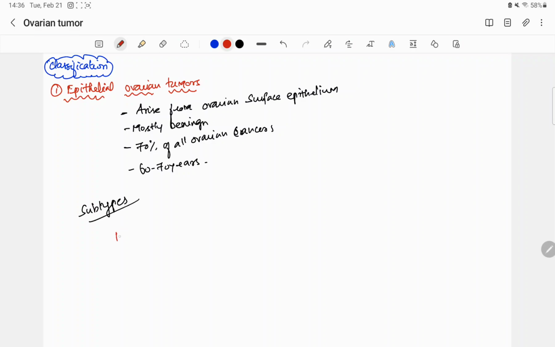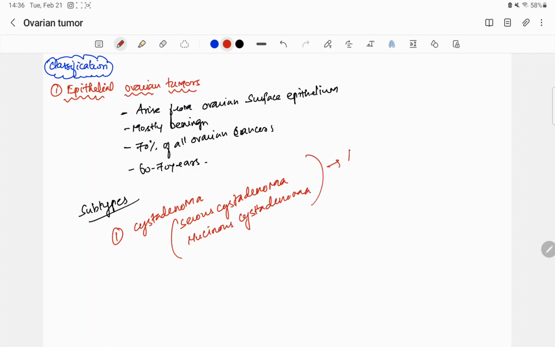The subtypes include cystadenoma. In cystadenoma you have serous cystadenoma and mucinous cystadenoma. Both are benign.